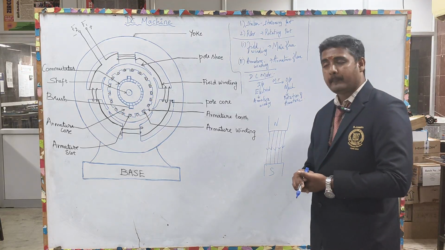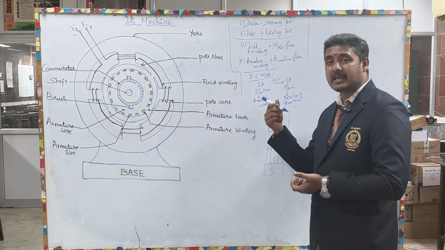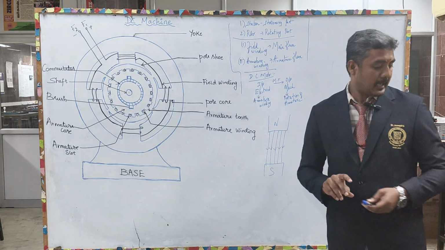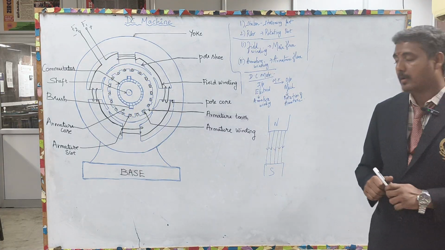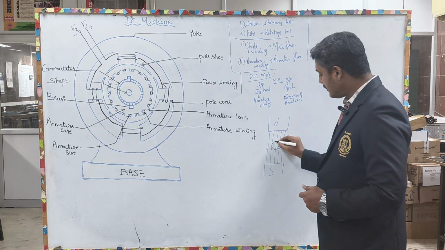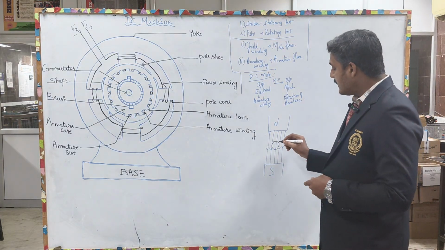Now, how is the mechanical rotation going to happen with the electrical input to the armature winding? In between the north pole and south pole you are going to have the armature.